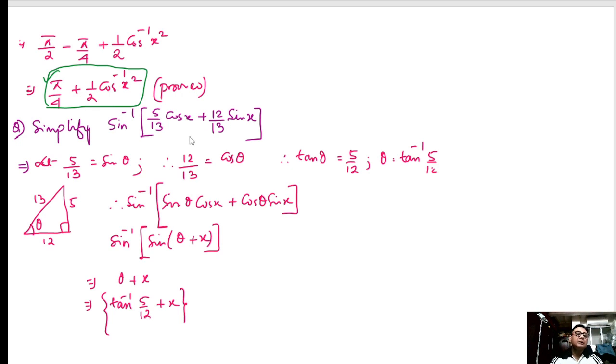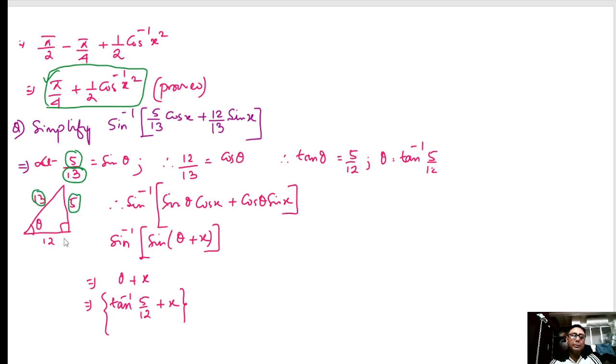Simplify this: sine inverse of 5 by 13 cos x plus 12 by 13 sin x. So let us take 5 by 13 as sine theta. So here I can write, this is my perpendicular, and this is my hypotenuse.